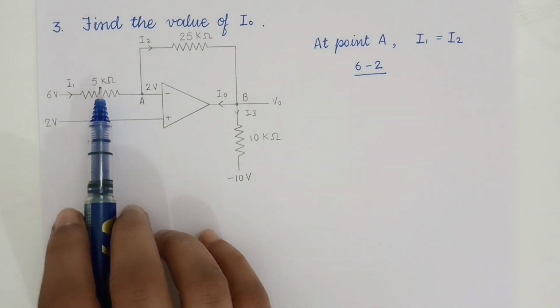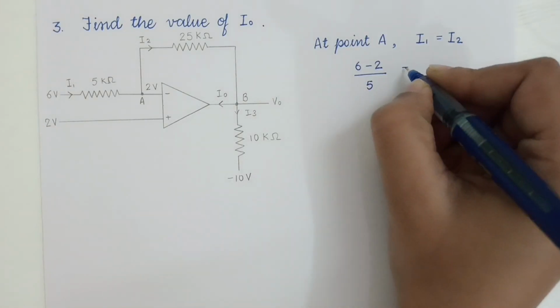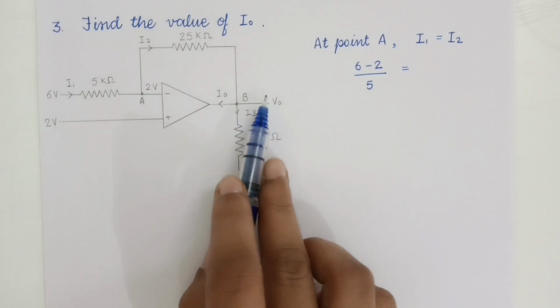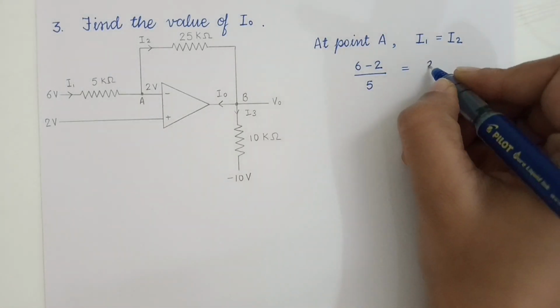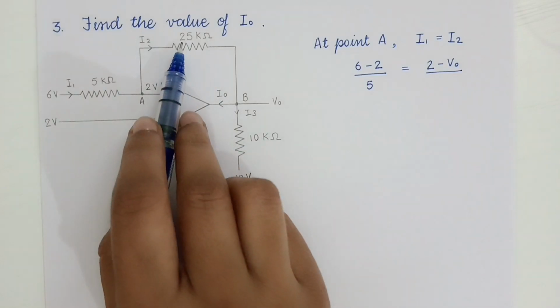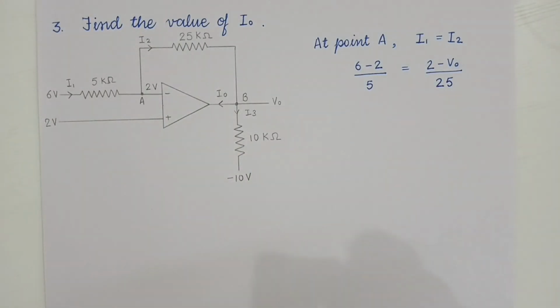Here it is given in kilo ohms. So 5 is equals to I2, that is 2 volt minus V0, so 2 minus V0 divided by the resistance here, which is 25 kilo ohm. So 25.